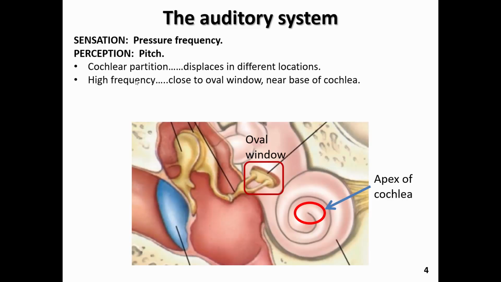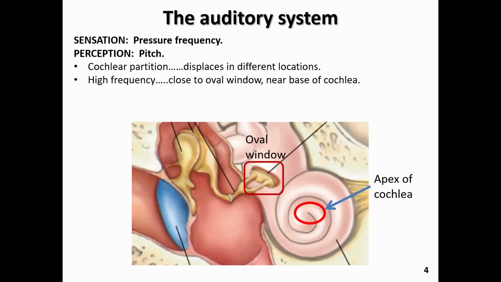The high frequency waves will tend to be transmitted close to the oval window. That's the initial entry point of the pressure waves that will eventually be transduced into bioelectrical signals.